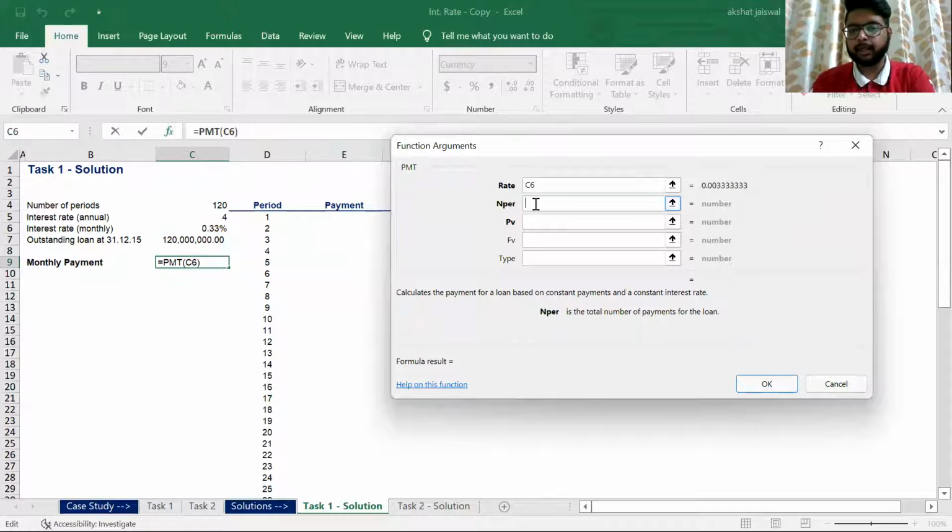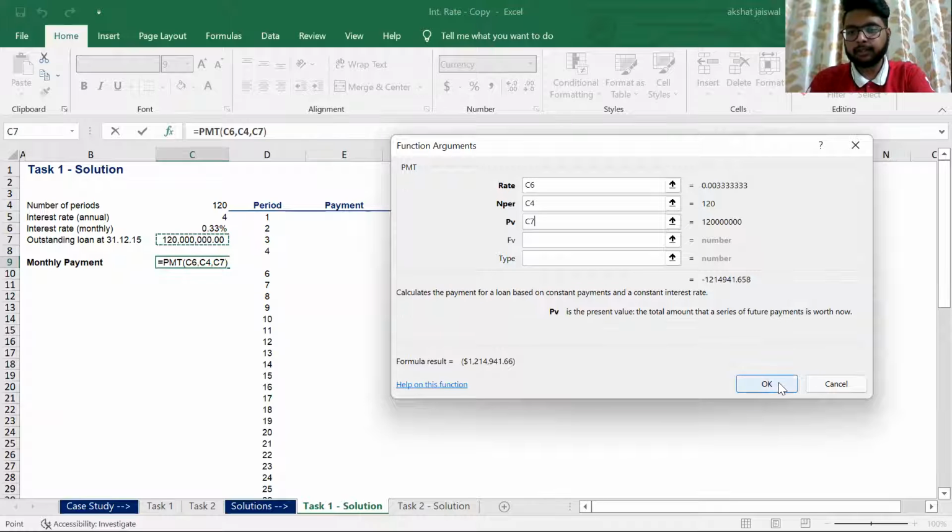And coming on to nper. Nper will be the number of periods for the payment of the loan, which is how much? 120. And coming to our PV, that is present value. What is the present value? The present value is 120 million.